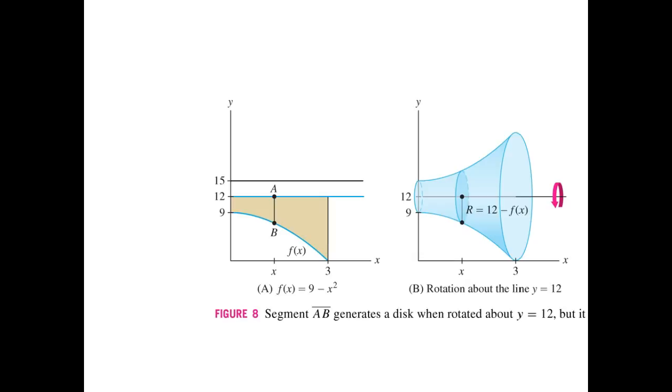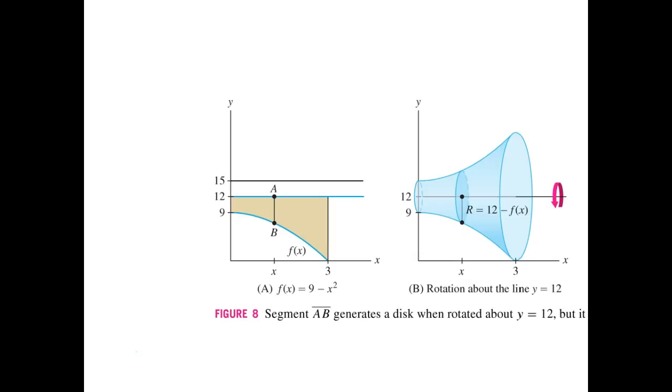Okay. And it said, find the volume obtained by rotating those graphs about the line y is equal to 12. So this time you're going to rotate this around the upper boundary. You're going to have a little disk because there's no gap in there.